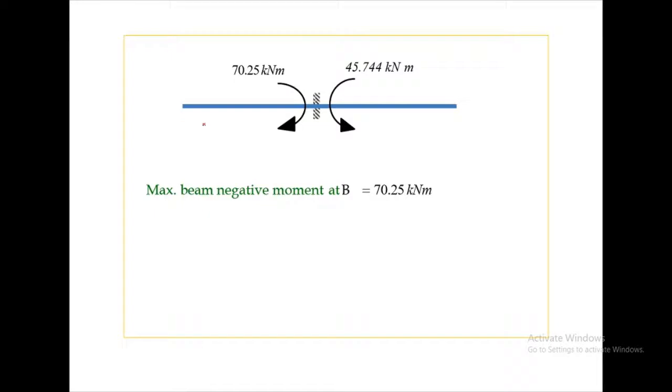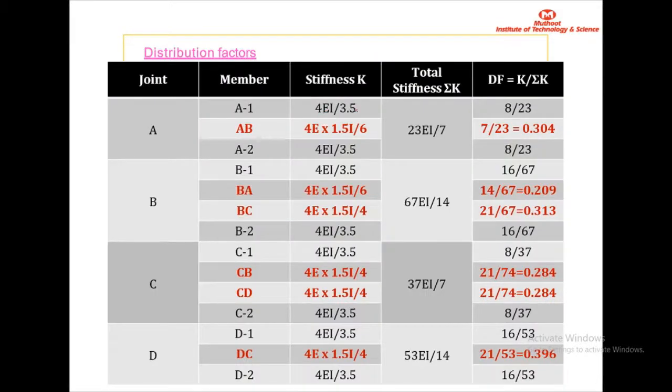So see, corresponding 4EI by 3.5 for the column. AB is the beam, and it is 4E into 1.5 I divided by 6, and the column is 4EI by 3.5. Similarly, for all the members, the stiffness coefficient K is calculated, and then the next step is to find the total stiffness, sigma K, that is the sum of the stiffness at a particular joint.